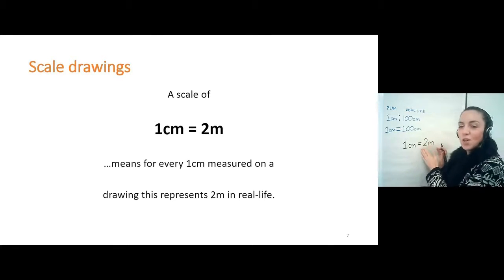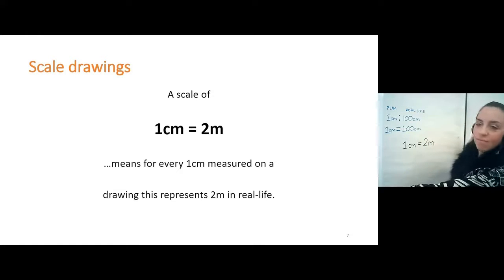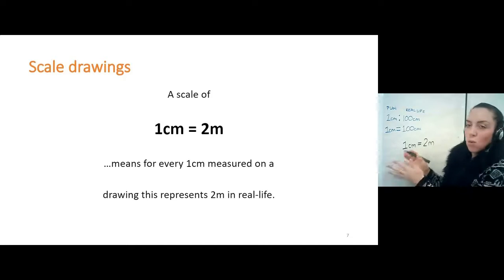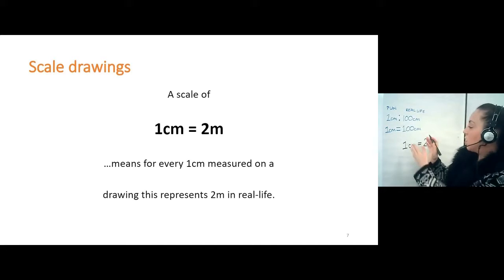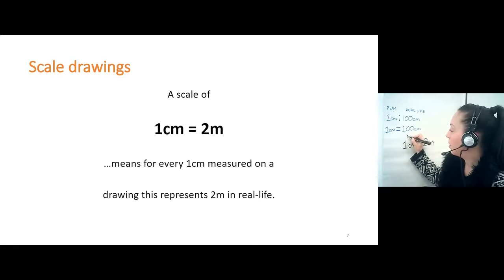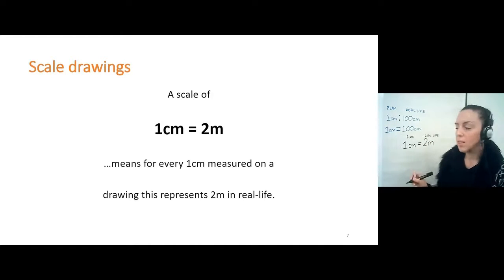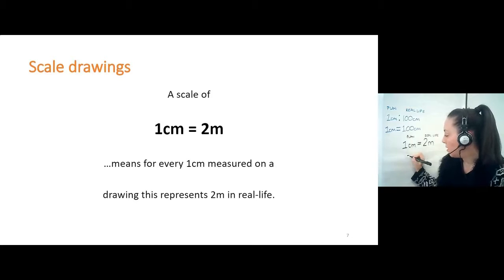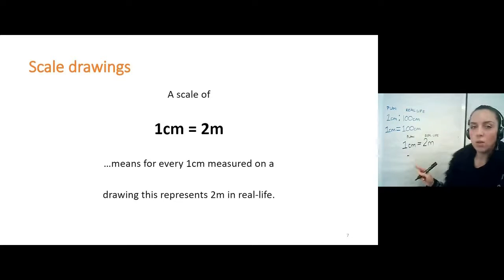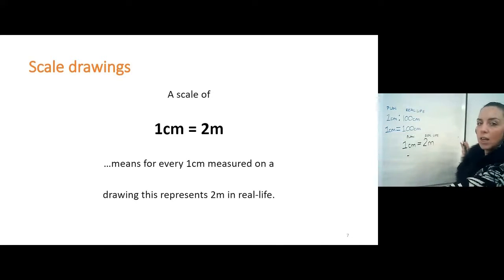But your plan's not going to be 2 metres wide, your map, your drawing, compared to 1 centimetre in real life. So the smaller side is often the plan side. So this is the plan measurements, and this is the real life. So whichever plan this is, every 1 centimetre is equal to 2 metres in real life.